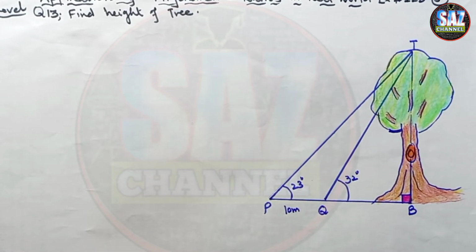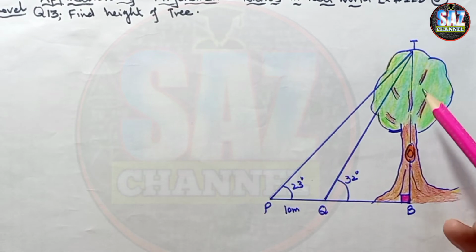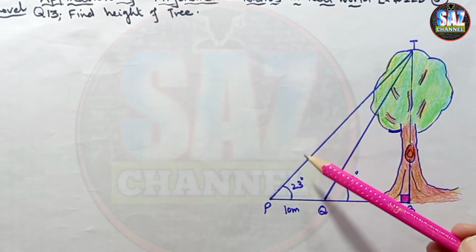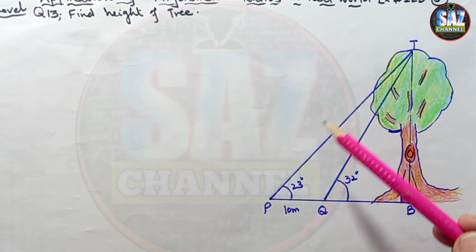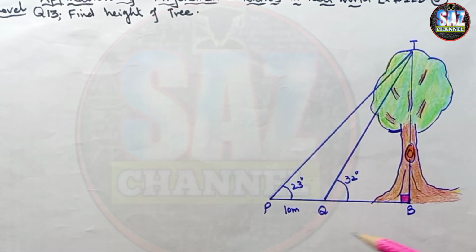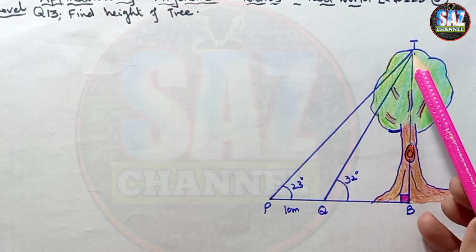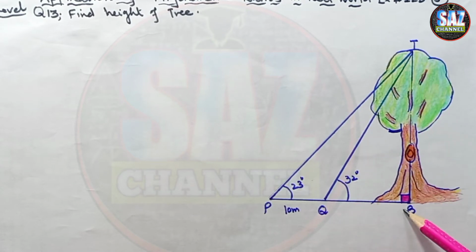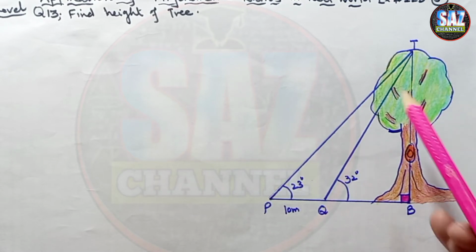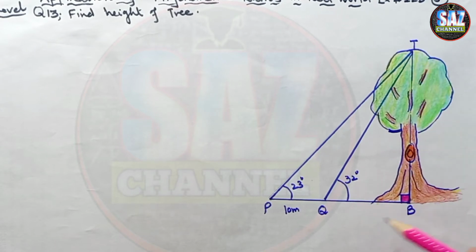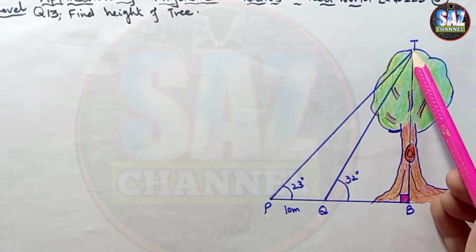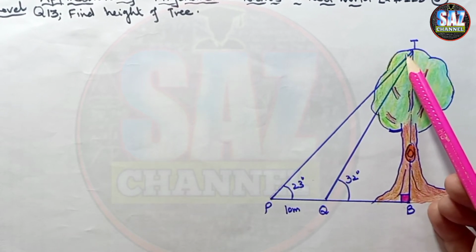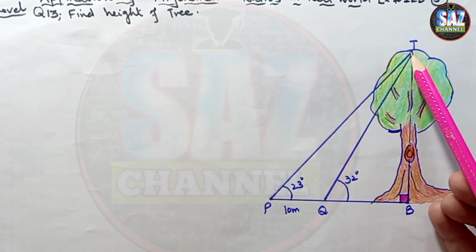Now look carefully, in the question we are given three triangles. One is triangle TPB, another is the triangle TQB, and the third one I'm especially focusing on, because most of the students are confused.